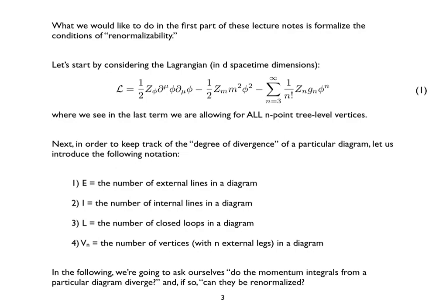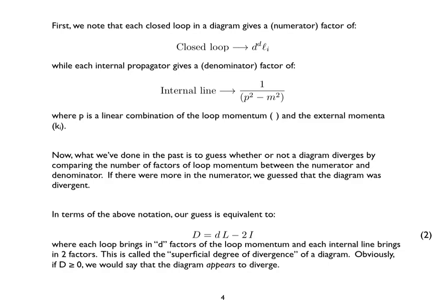So what we want to ask ourselves is: do the momentum integrals from some particular diagram diverge? If they do, can we renormalize them? That's what we're after. Like I said, we've done this before with diagrams that have closed loops.